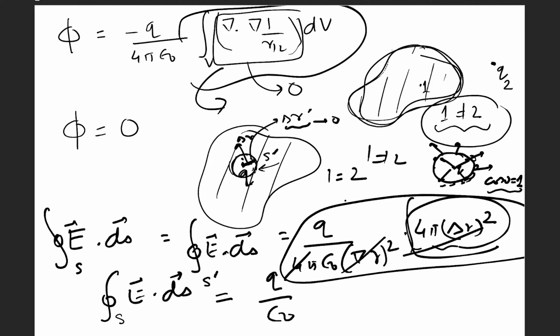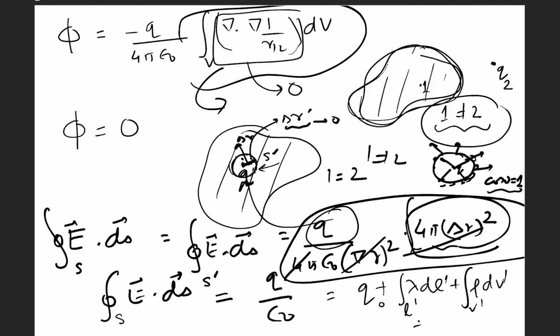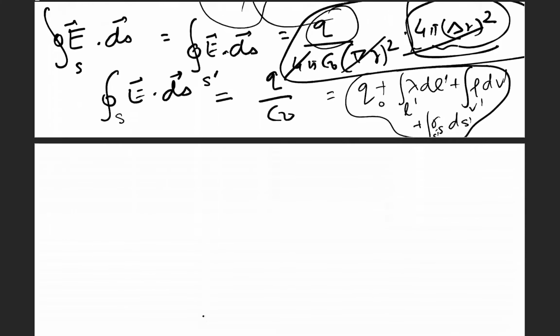Now you see that this q is the total charge enclosed by this surface. Now this charge can be a point charge, some line charge, or some volume charge density, or some surface charge density. So this q can be formed by any combination of these. So in a sense, what is Gauss law saying?